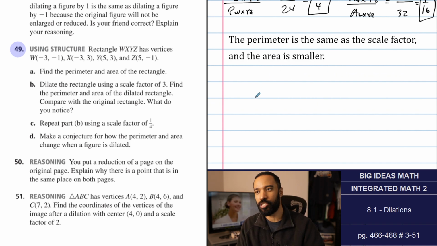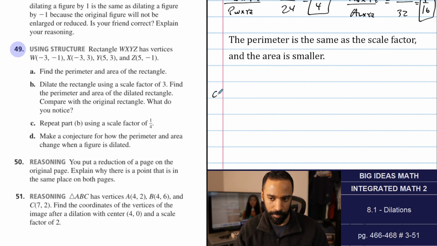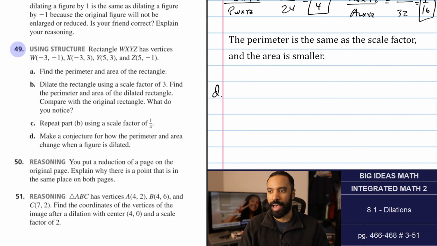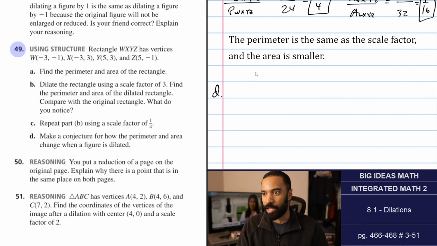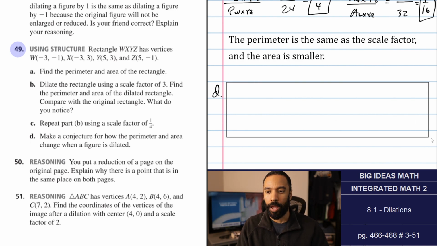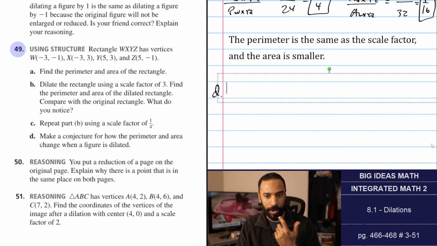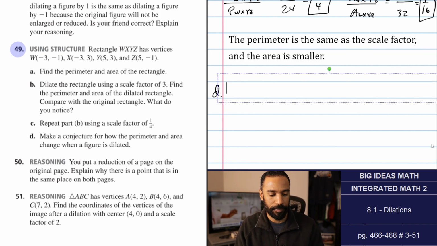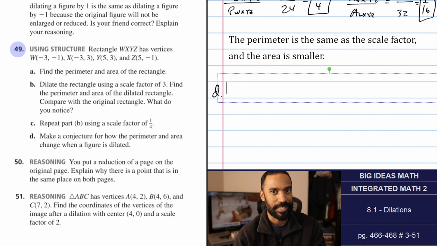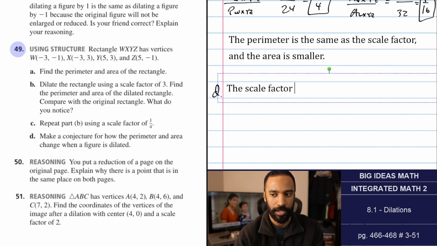All right, part D really asks you to take this home and make a conjecture. I just said it before, and I'll say it again. Before, when the scale factor was 3 for the length and the perimeter, now the scale factor is 9. When the scale factor was 1/4 for the length and the perimeter, now the scale factor is 1/16.